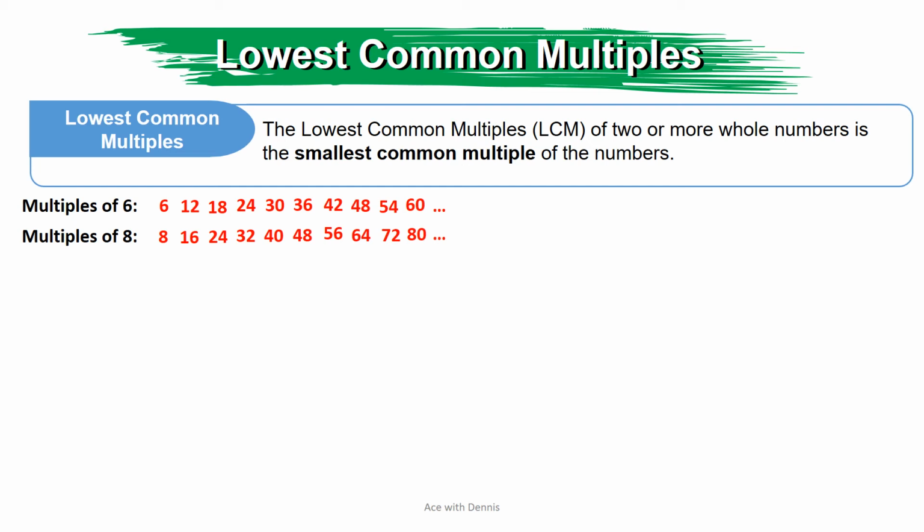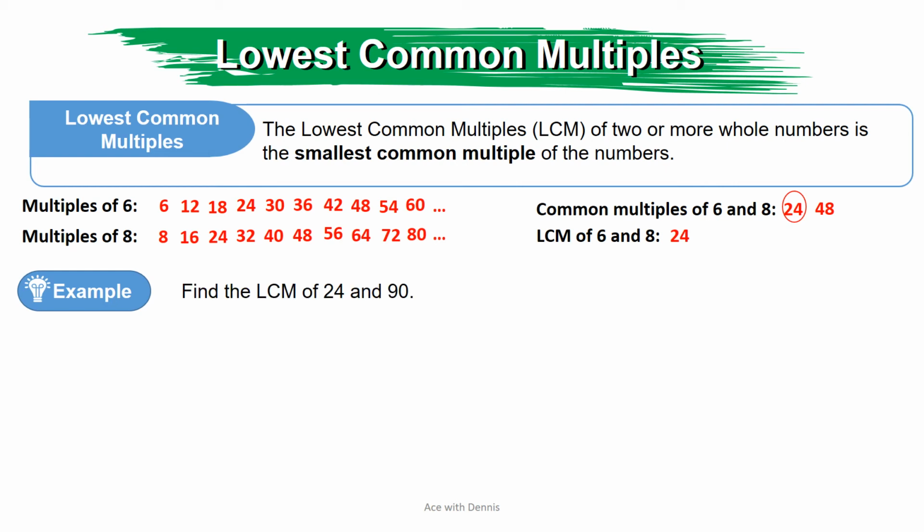By comparing the multiples of 6 and 8, we can find the common multiples, which are 24, 48, and so on. The LCM of 6 and 8 is 24. Common multiples of 6 and 8 can be more than 2, but there is only one LCM.